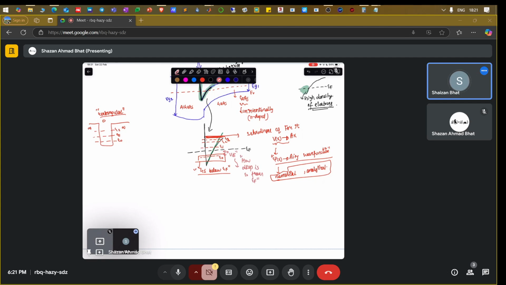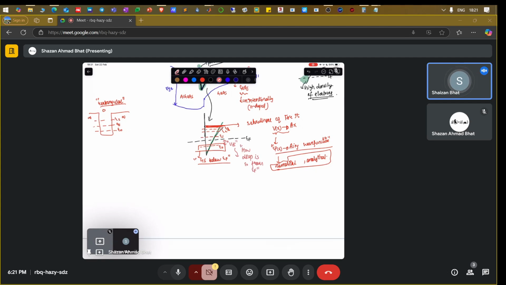Now this VDI is a very important parameter. We will look in upcoming slides at why VDI is important, but it basically gives you information about the overall parameters which we need to extract from the band diagram.